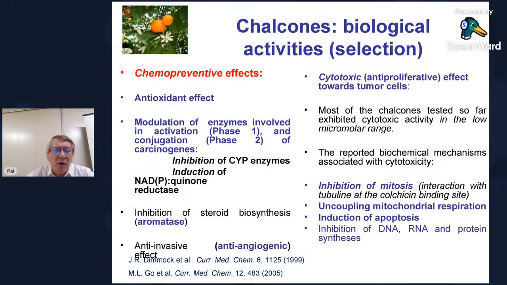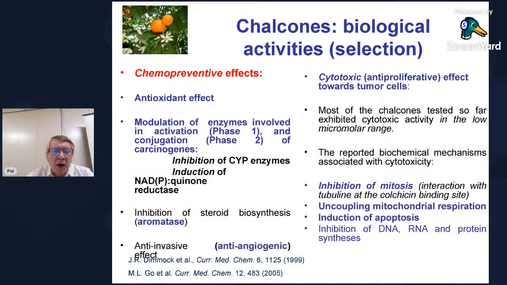So, for example, among them, we can find inhibition of cytochrome P450 enzymes, which are involved in activation of compounds to become carcinogenic electrophiles, or induction of enzymes which are involved in elimination of toxic electrophiles.